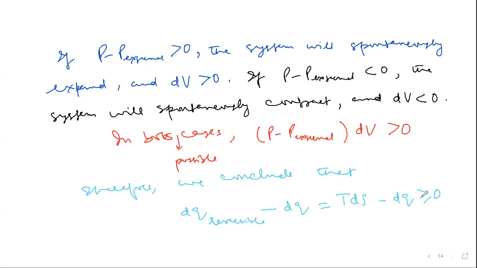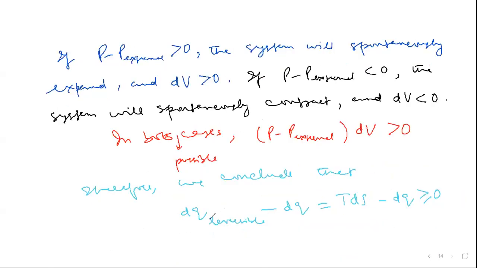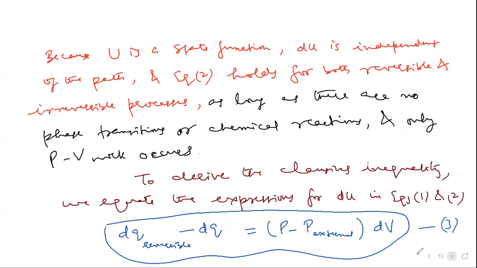The greater than possibility is for both cases, since my right hand side is positive. So this difference is positive, and equality when the process is reversible, right? This is my equation 4.